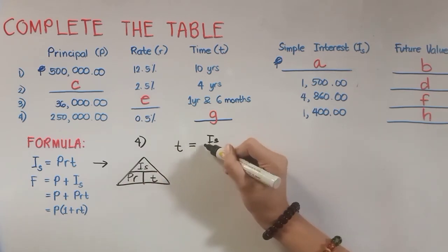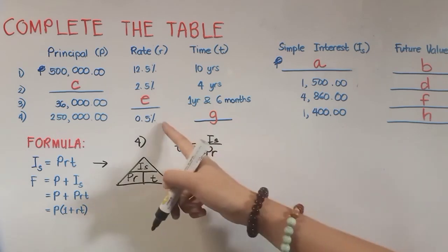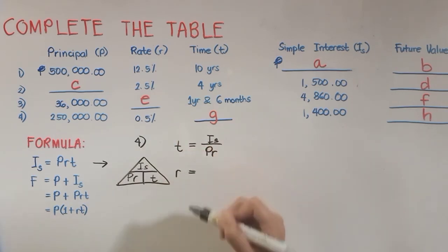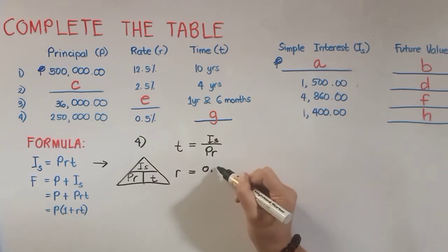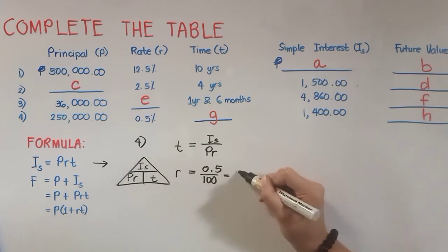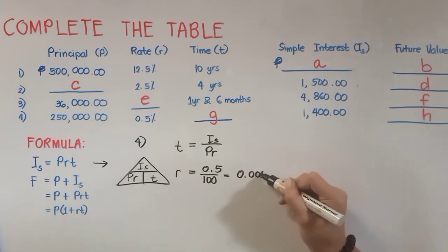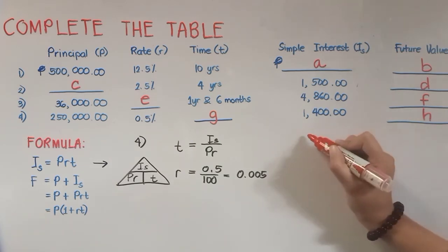To get T, we have to divide our simple interest and the product of P and R. Now, our R is still in percent, so we have to divide it by 100. This will give us a decimal of 0.005.